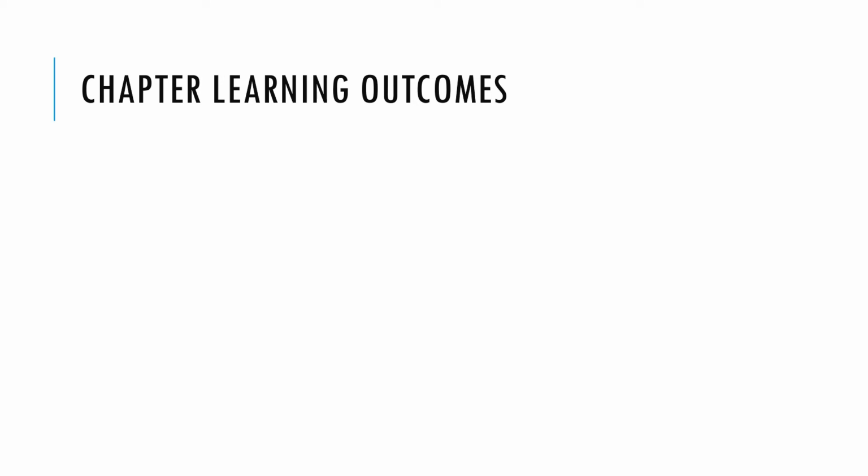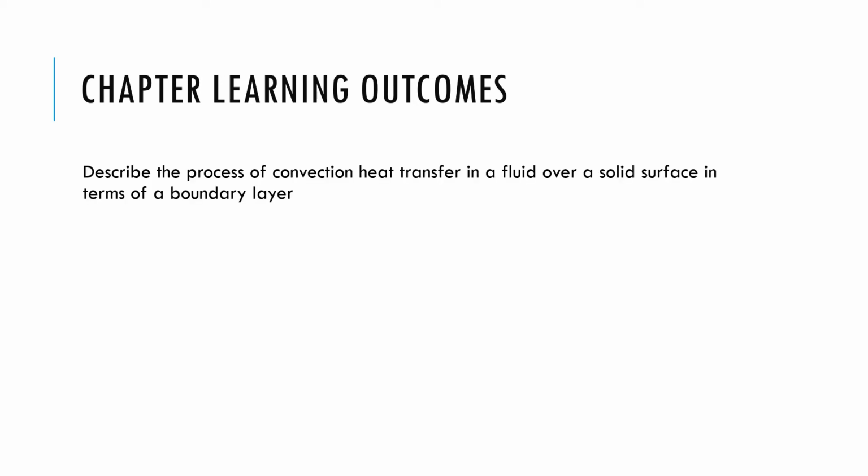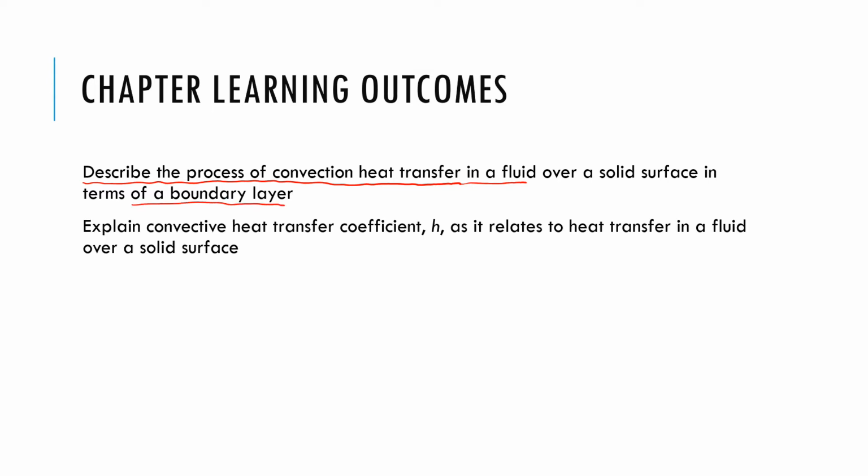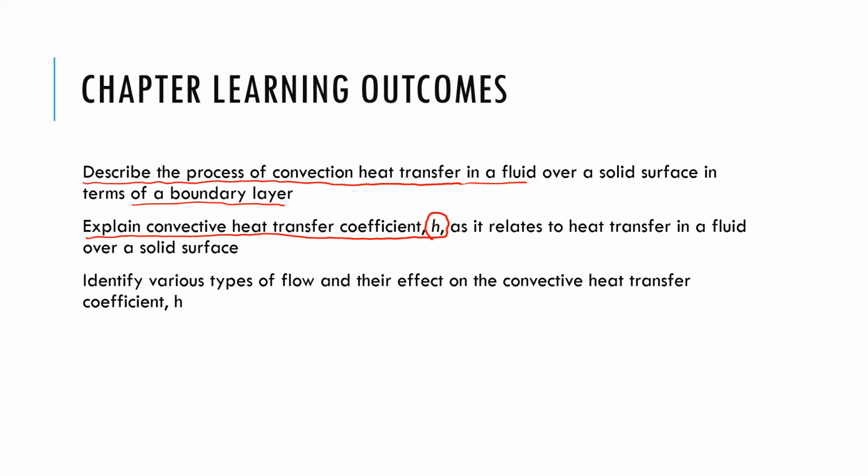So let's go over quickly the chapter learning outcomes. We want to describe the process of convection heat transfer in a fluid in terms of what's called a boundary layer. Then explain the convective heat transfer coefficient h that you are already familiar with, and identify the various types of flow and their effect on this coefficient h.